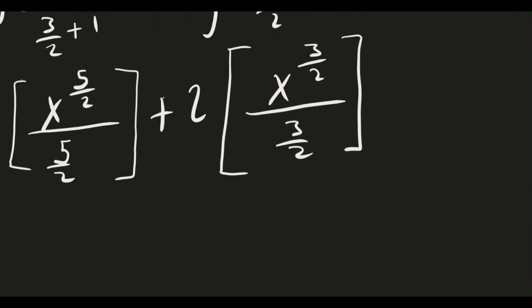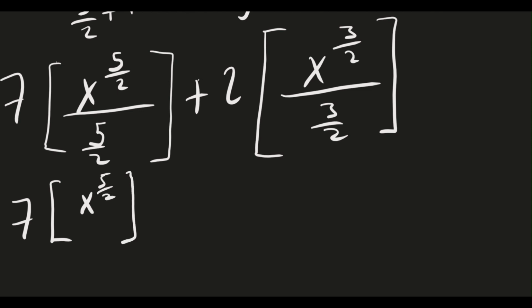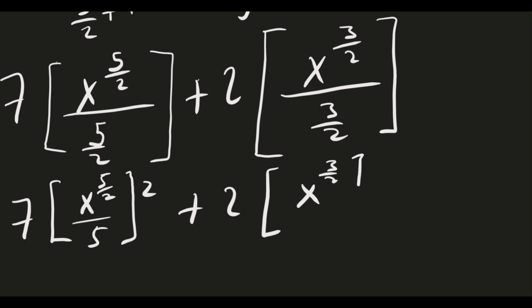We can simplify this further. Since we have a fraction here, this can also be written by multiplying by 2 over 5 here, and then multiplying this 2 here because you are flipping it, plus 2x raised to the power of 3 over 2 times 2 as well.